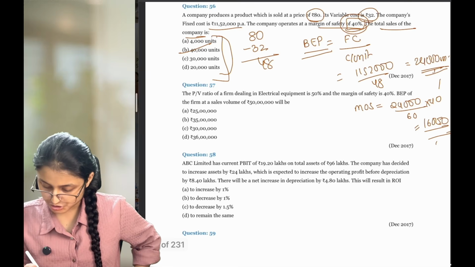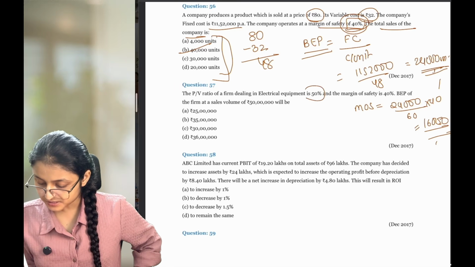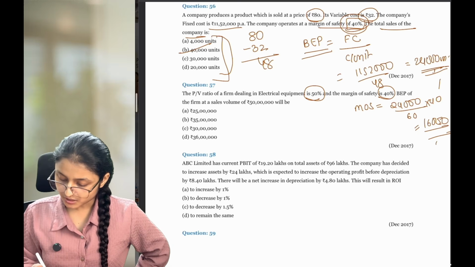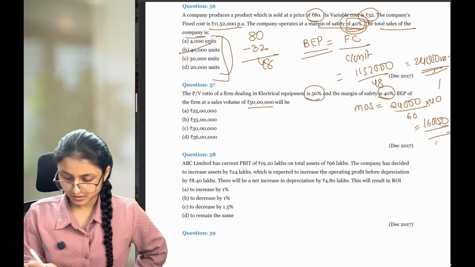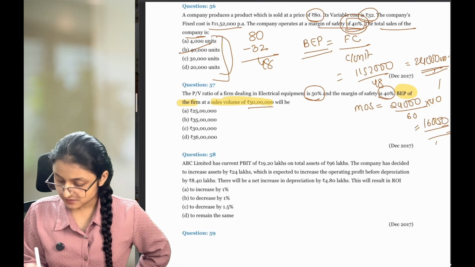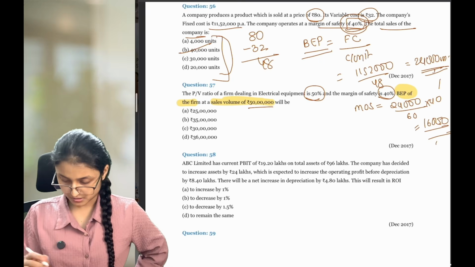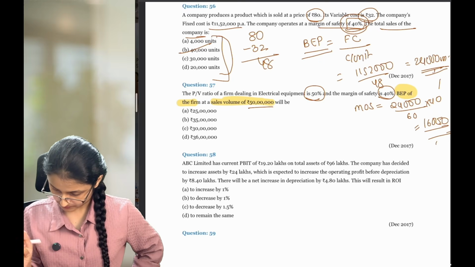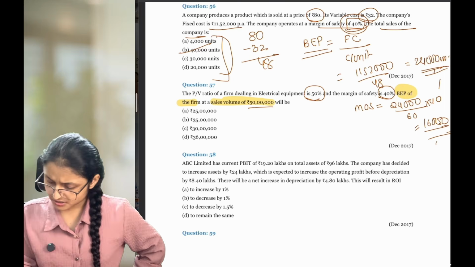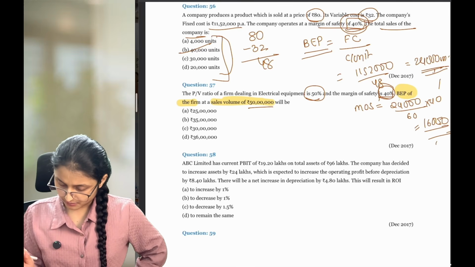Next, the PV ratio of a firm dealing in electrical equipment is 50%. Margin of safety is 40%. Break-even point of the firm at a sales volume of 50 lakh will be. Okay. So, you have to tell what will be the break-even point of the firm if the sales volume as of now is 50 lakh rupees. So, for calculating break-even point, I can use this margin of safety, right? What will I do?